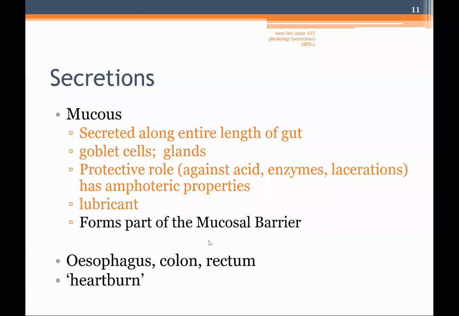The mucus also acts as a barrier because it helps things to slide along the surface without causing lacerations or tearing. So unless you swallow something sharp or jagged, it will just slip along the mucosa and it will not damage the epithelial cells or the enterocytes, if we're in the small intestine, because of that layer of the mucus.